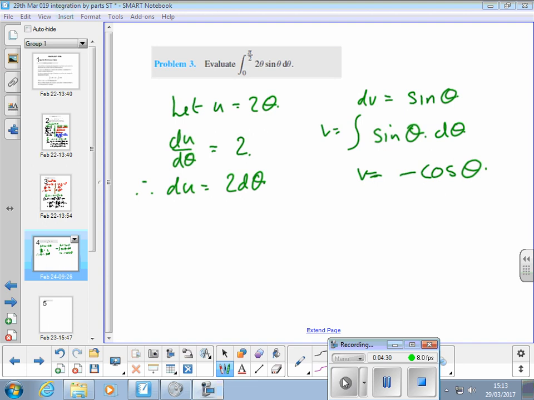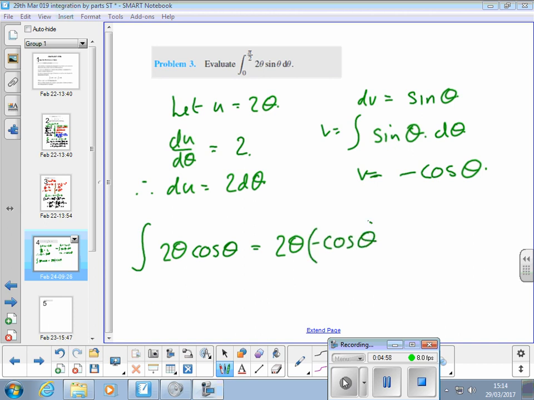So then we can say the integral of 2 theta sine theta is equal to u, which is 2 theta, times v, minus cos theta.